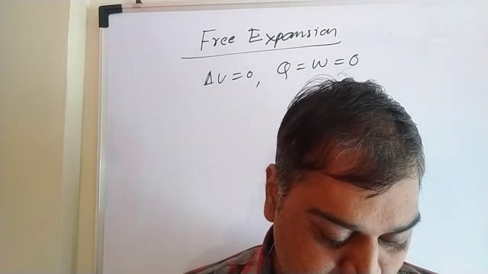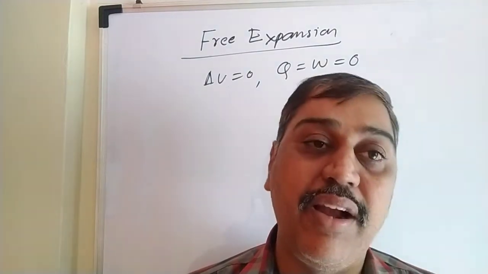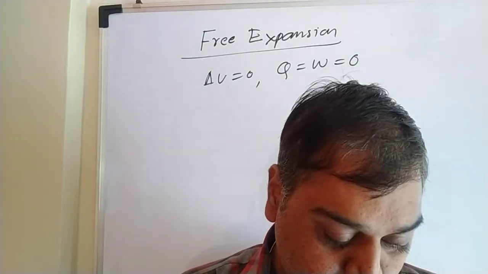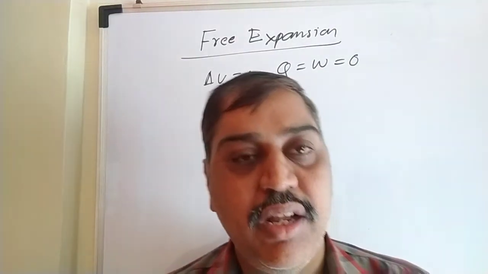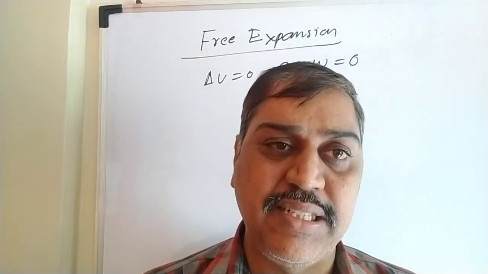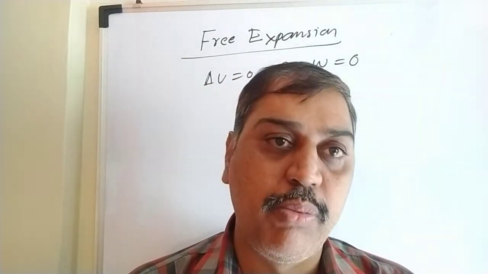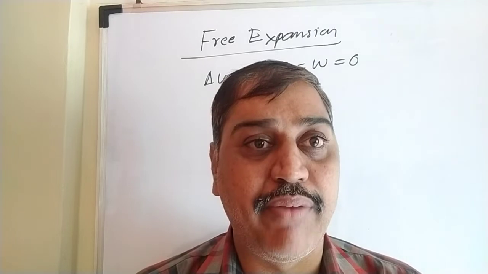So total 6 chapters, plus current electricity and semiconductors. 6 plus 2, 8 chapters are finished. Out of 16 chapters, 8 are finished, meaning 50% of our board examination syllabus we have covered up till now. I hope all of you have prepared these 8 chapters very well.